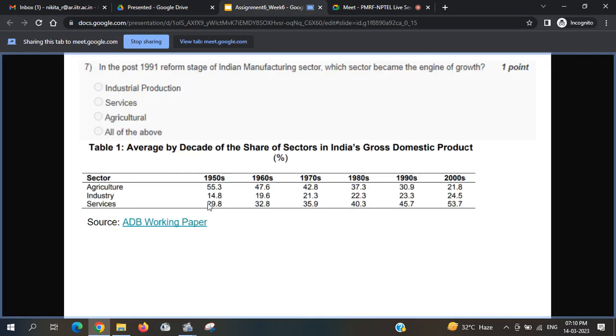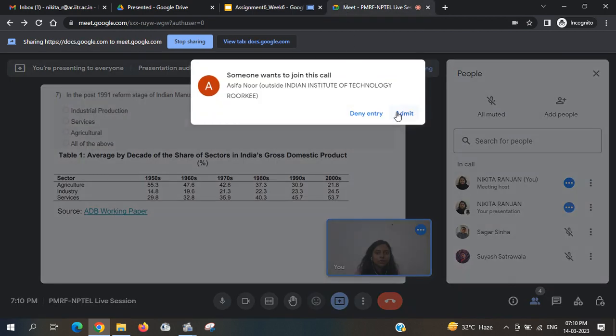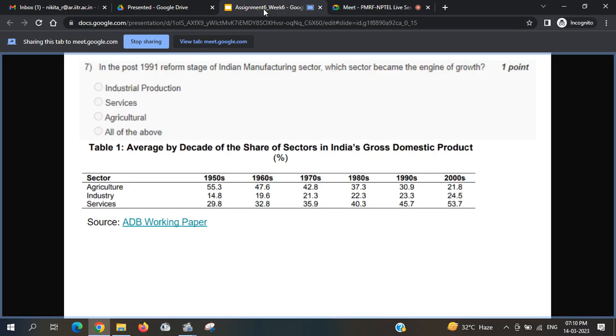You can see the industry or the manufacturing sector as well. While it increased over the period, the increase has been very gradual as compared to the service sector.